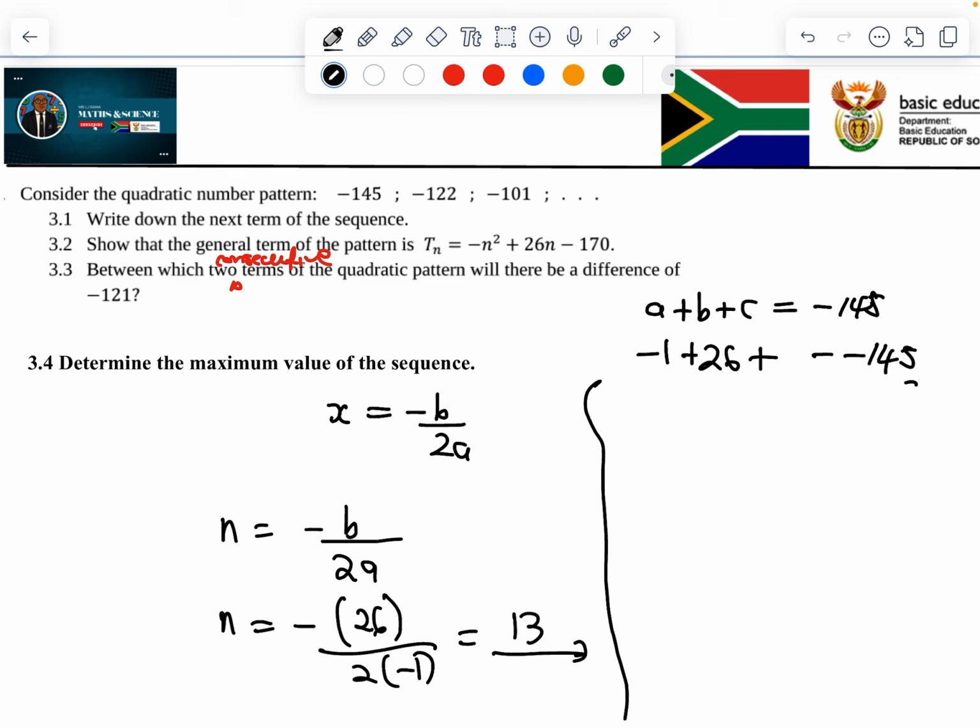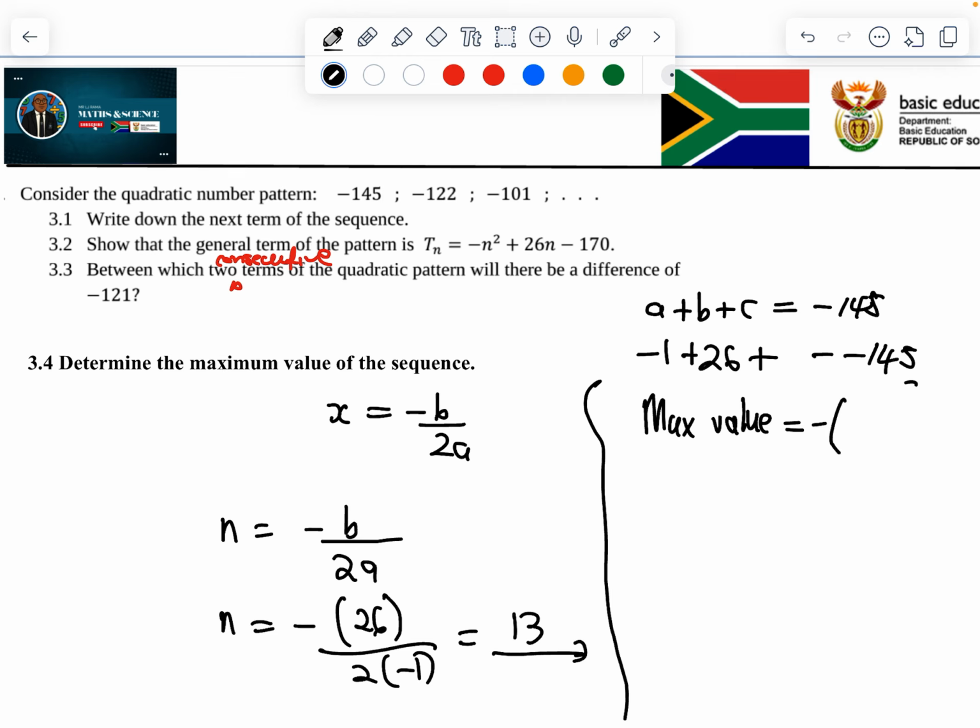Basically, to get the maximum value, you take that x value, which in this case is an n value, and substitute it into your original equation.